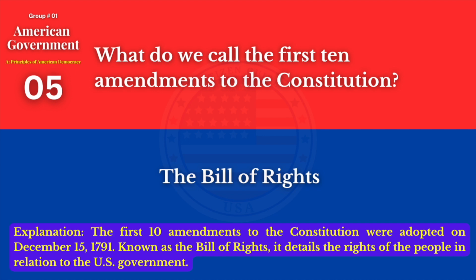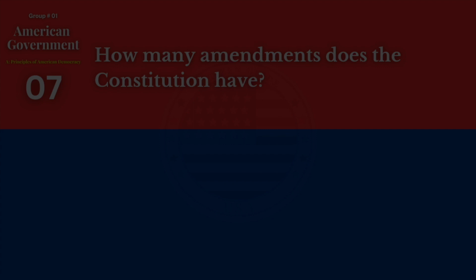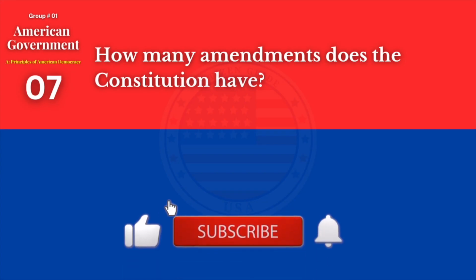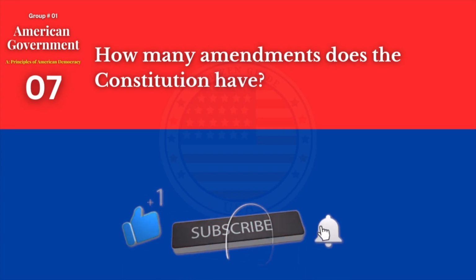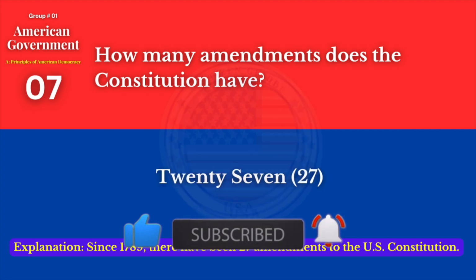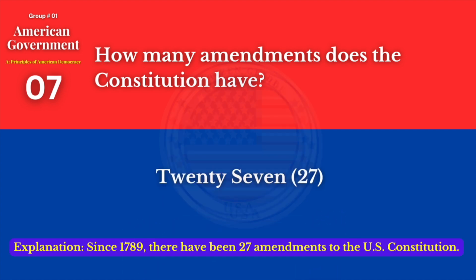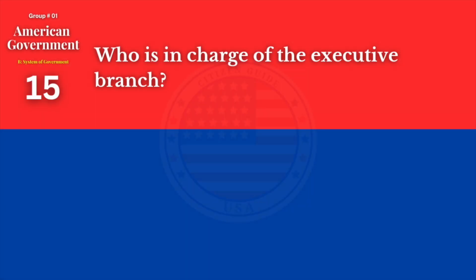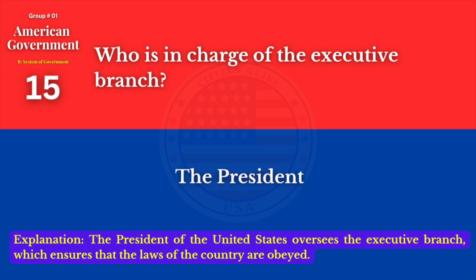The Bill of Rights. How many amendments does the Constitution have? 27. Who is in charge of the executive branch? The President.